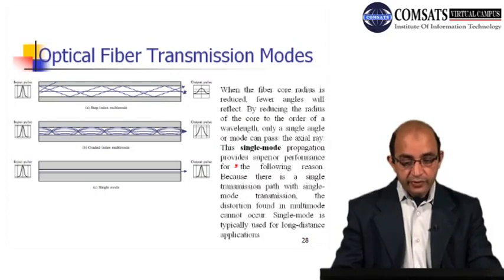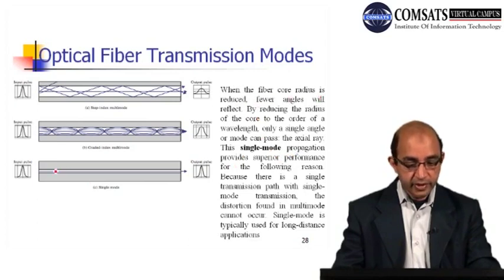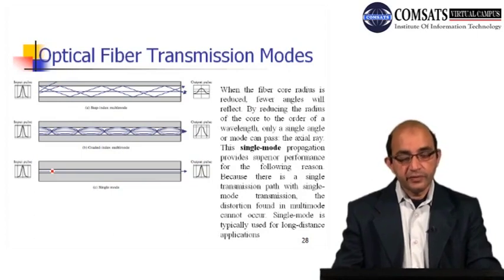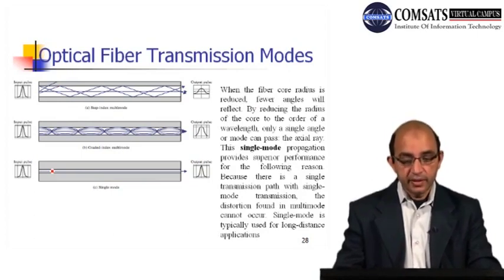And then we have single mode fiber. When the fiber core radius is reduced, we are left with only fewer angles where we have reflection, and the others are absorbed. So this is single mode propagation.